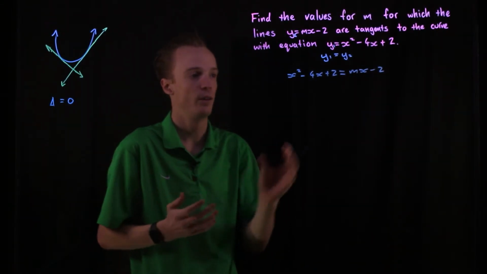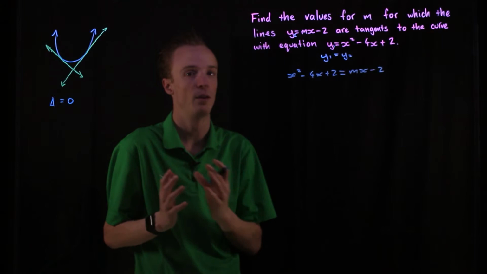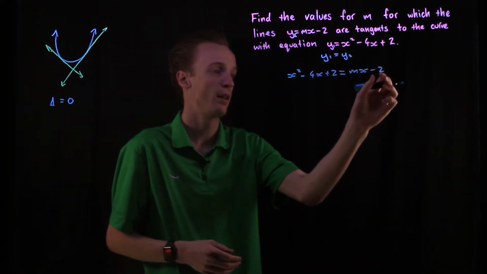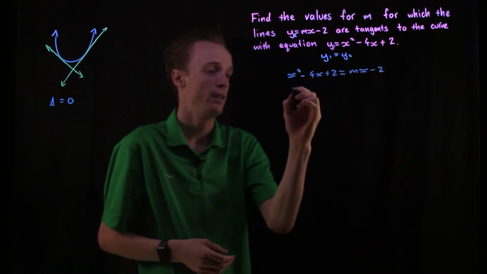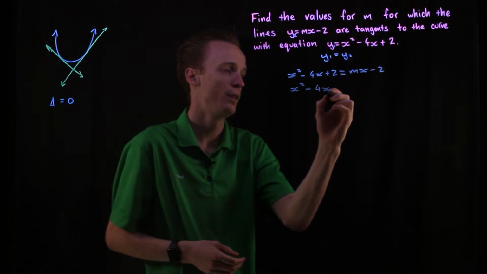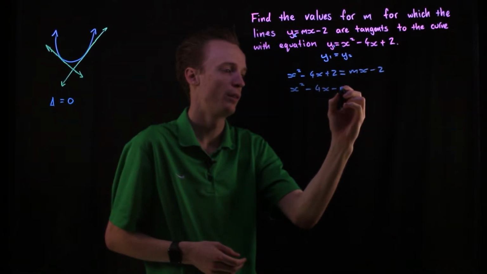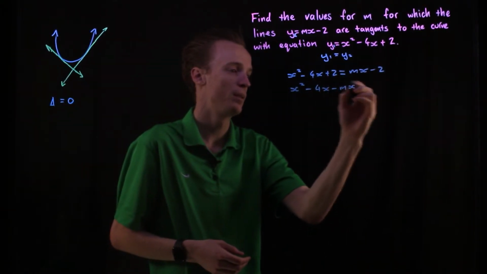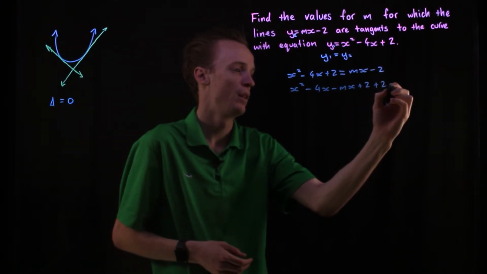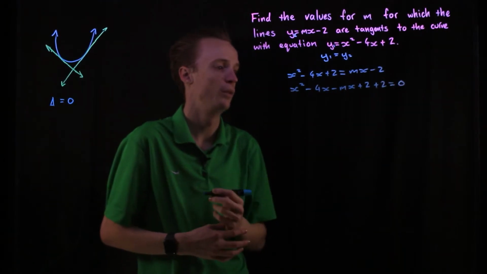Now when I'm solving these sort of quadratics, I want to make this equal to 0. So to do that, I'm going to subtract mx on this side and add 2 to both sides. So this will become x squared, take 4x, subtract my mx, plus my 2, and then add another 2. And when I do that, it should now equal 0.